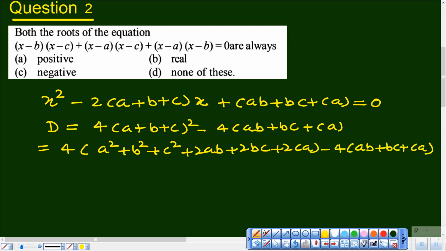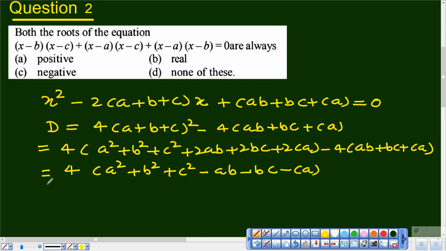Okay, so this is going to be equal to, needless to say, 4 a square plus b square plus c square minus ab minus bc minus ca.